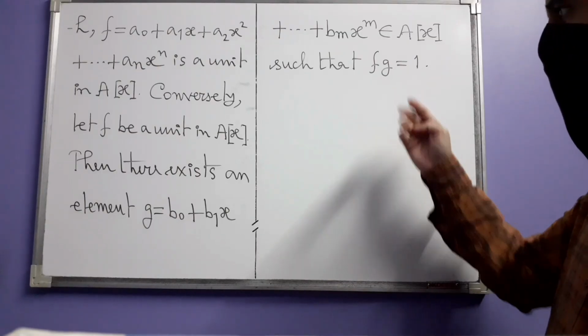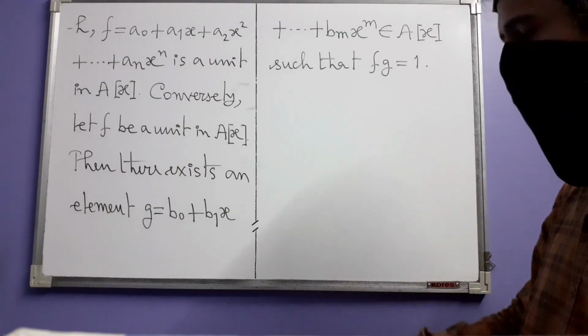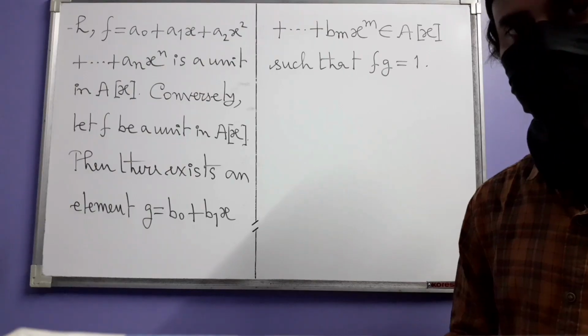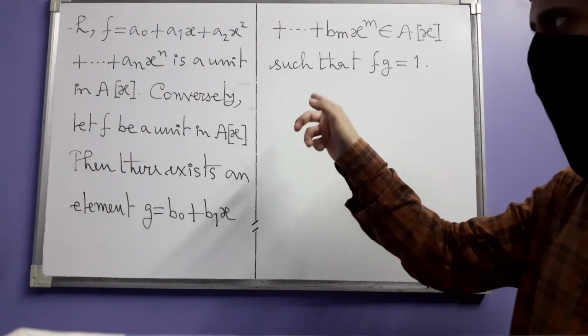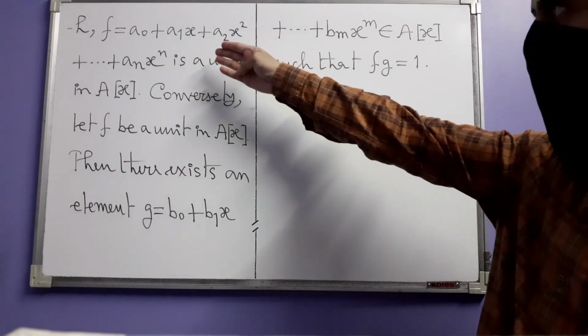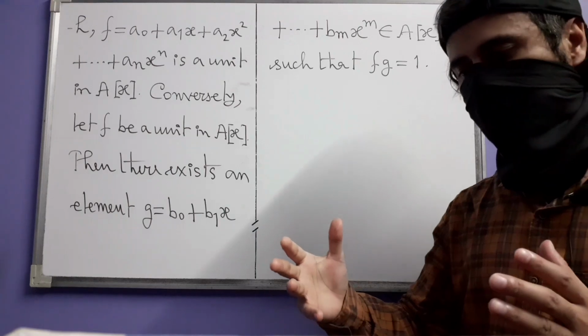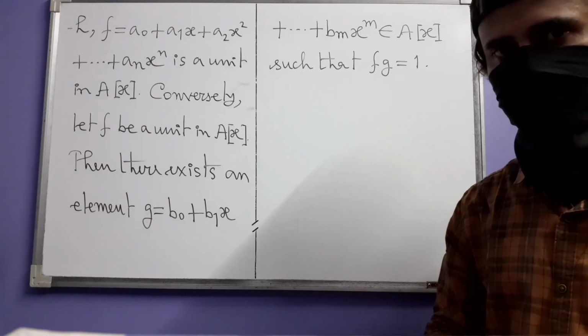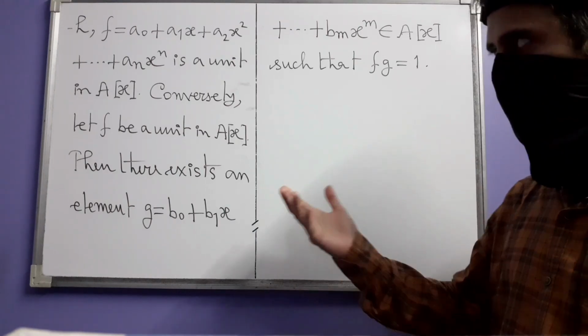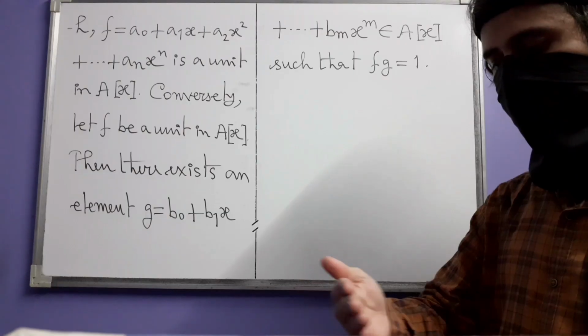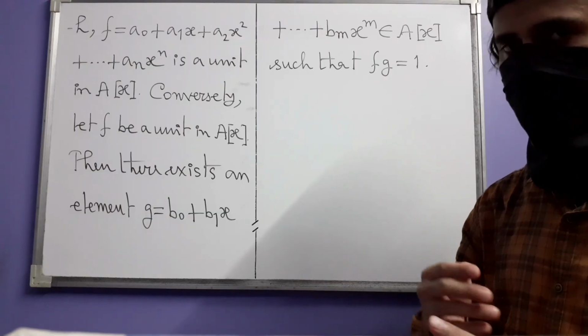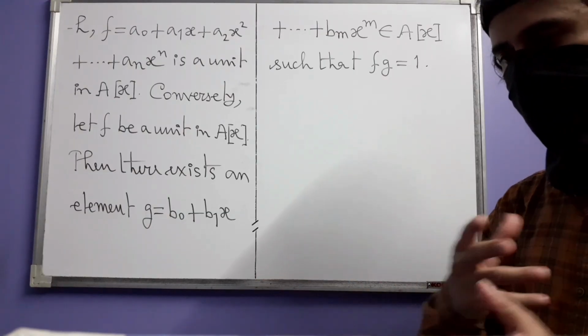Now from this equation we are going to get many conditions, because for fg you multiply these two polynomials, that one and this one, and then do your usual calculation, and finally fg will come as a polynomial itself, but you have to rearrange things.